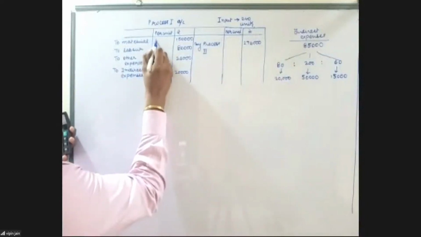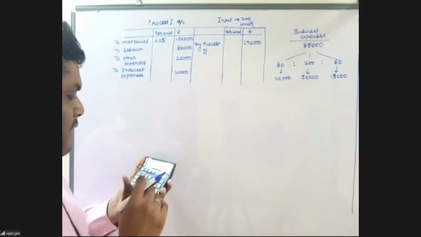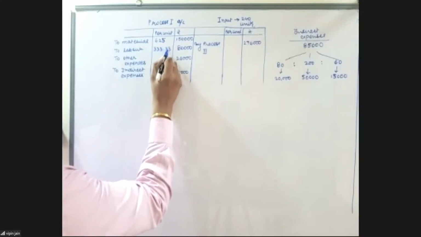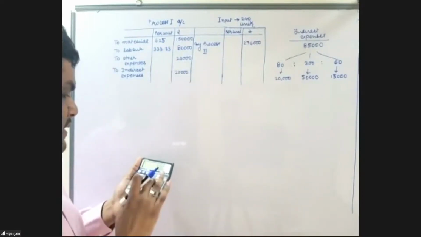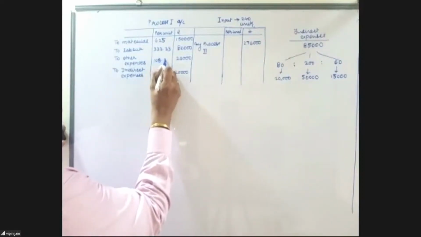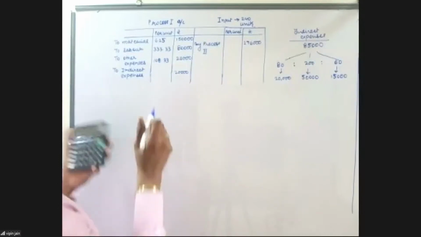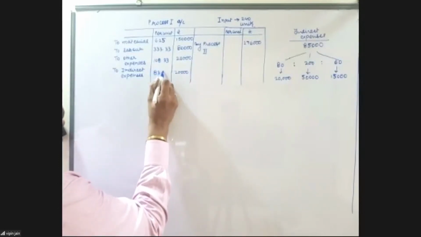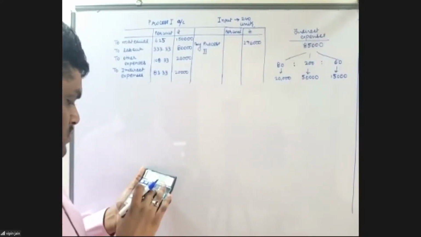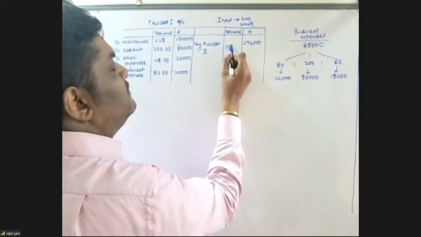So this will be 625. 80,000 divided by 240 will be 333.33. 26,000 divided by 240 is 108.33. 20,000 divided by 240 will be 83.33. So this will be 1150.